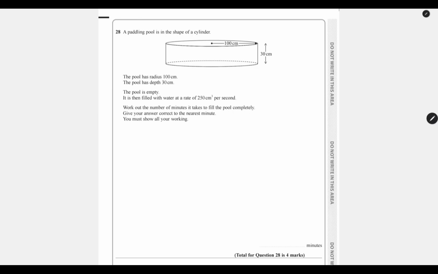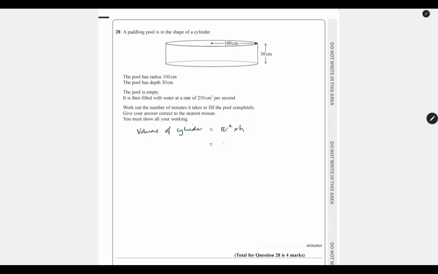Well, the first thing that we need to do is work out the volume of the pool. And we do that by the formula for the volume of a cylinder, which is the shape of the pool, which is equal to pi r squared multiplied by h.